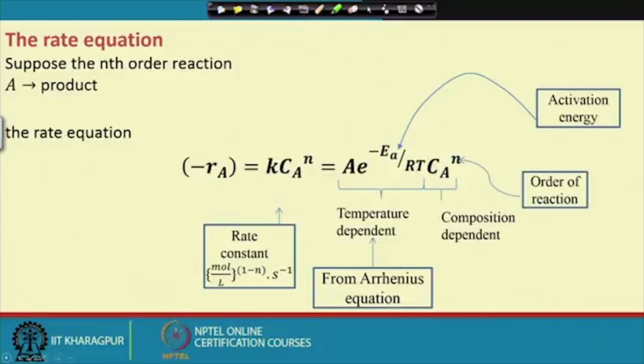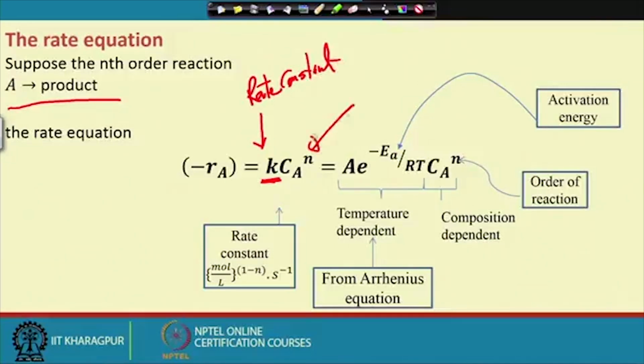Now, suppose we have taken a very simple reaction, A to product, where A is the reactant. How can we express the rate equation? Minus rA equals k CA to the power n. k is called the rate constant, and n is called the order of reaction.